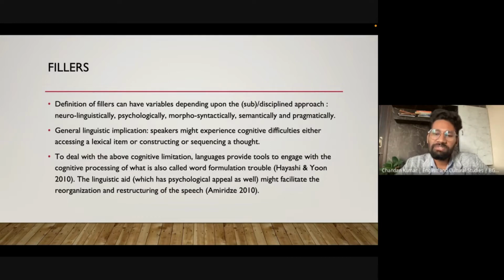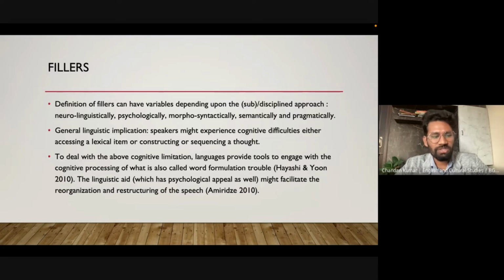So these factors, the placeholders, or what we call fillers, help to either construct our thought, in sequencing our thought, or finding out the word that we momentarily are not getting in our cognition.